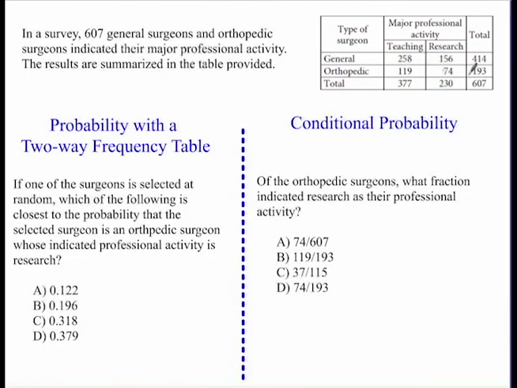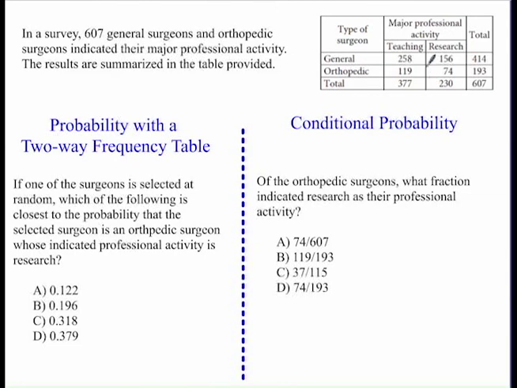The results are summarized in this two-way table. It's called a two-way table because we're talking about two topics, general and orthopedic surgeons, and in the context of both of those, we're looking at two activities, teaching and research. So there are two different ways to read this, left and right and up and down.